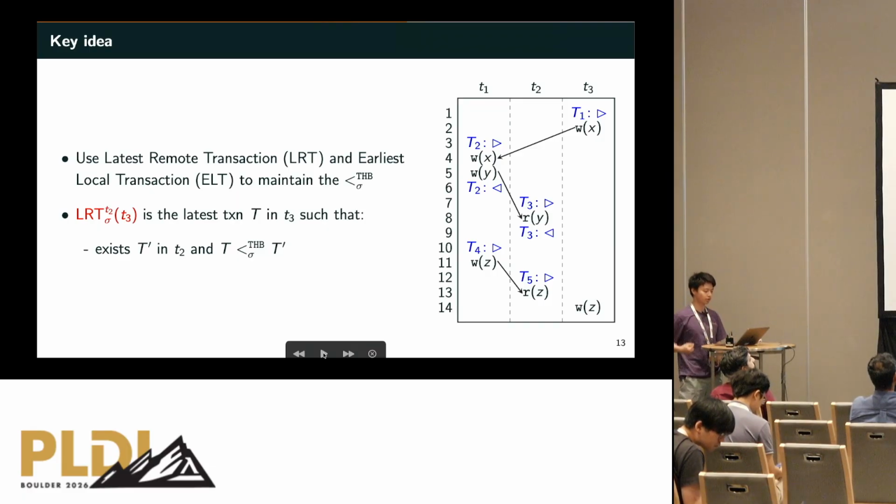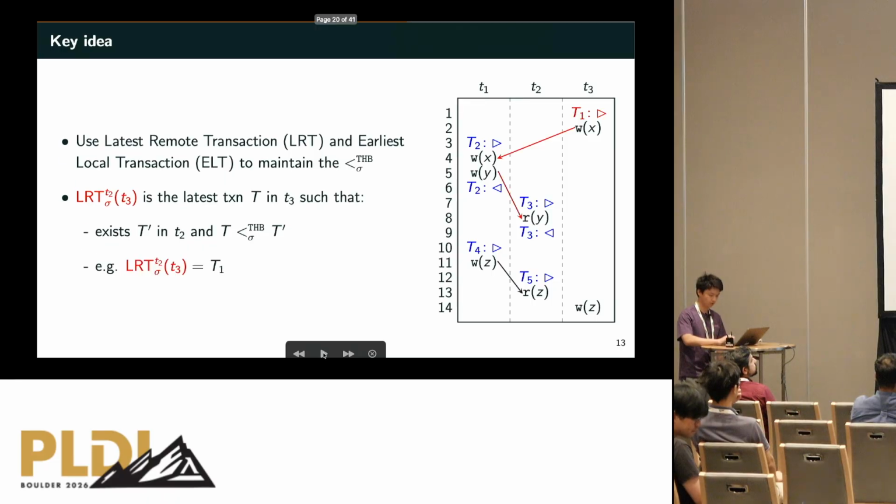The latest remote transaction is, for example, the LRT T2, T3. It represents the latest transaction in T3 that can reach the transaction in T2. So here, the LRT T2, T3 is the transaction T1, because it has an outgoing edge from T1 to the transaction T3 in the thread T2.